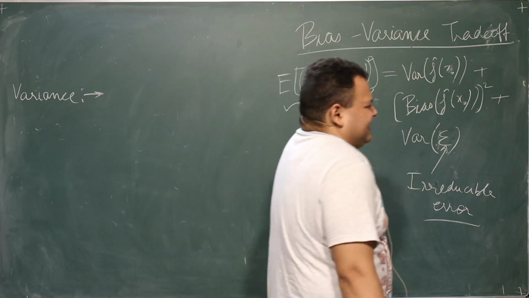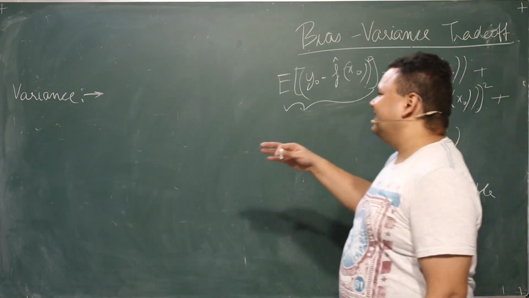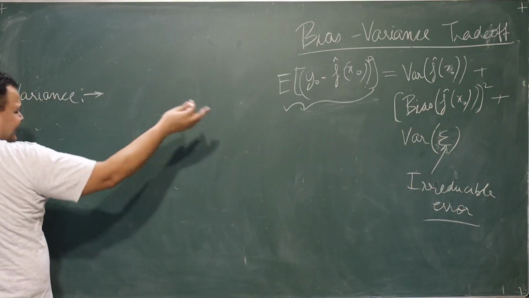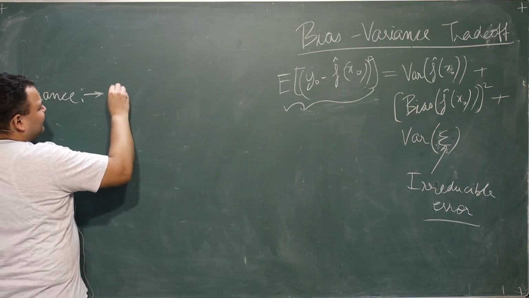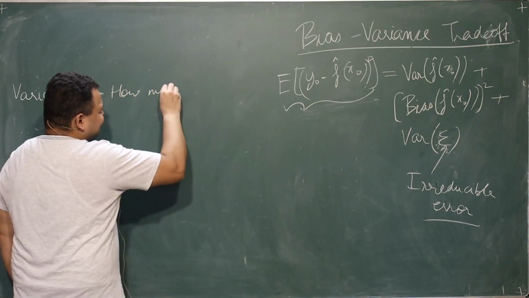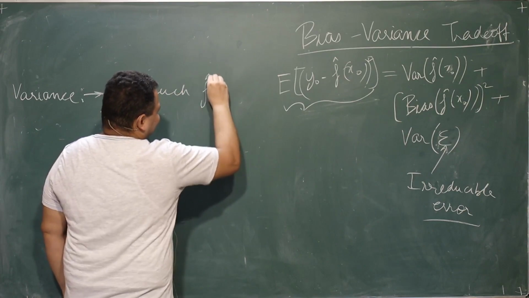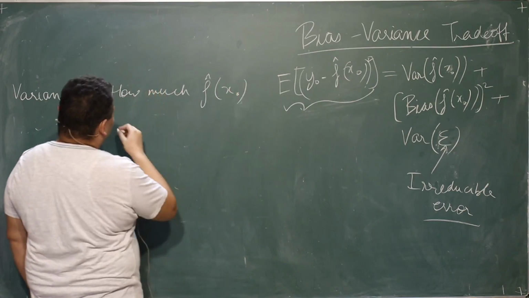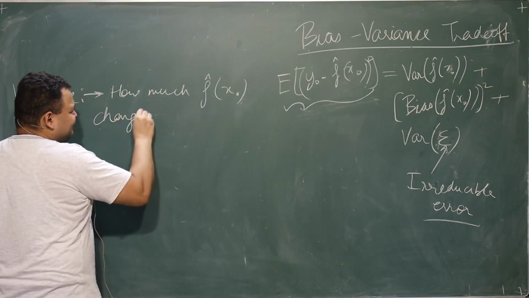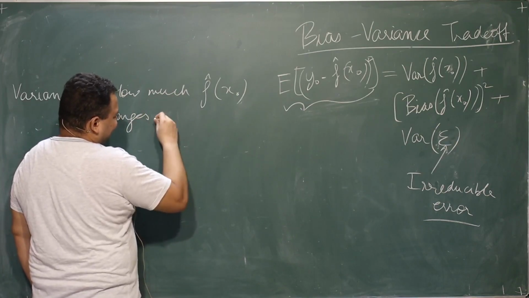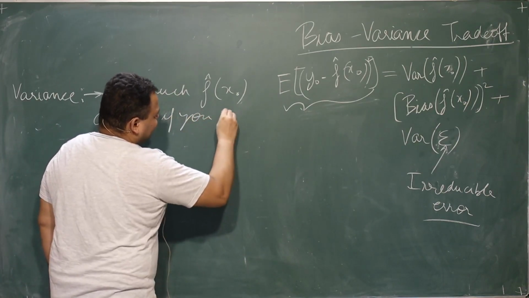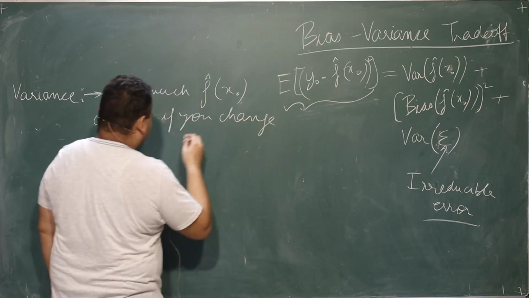So how do we define that? A layman's definition of variance in this particular case would be how much the function f(x) changes if you change your data set.